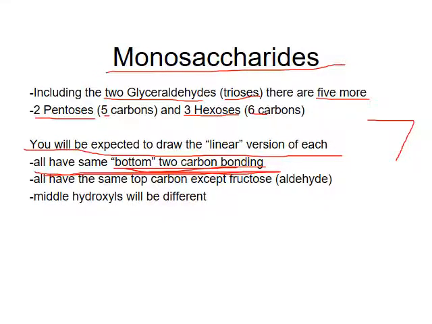All of them are going to have the same tops, except for fructose. And then the difference is really going to be the middle carbons. So the top and bottoms are going to be similar. The middles are going to be different. So pay attention to how we do this.